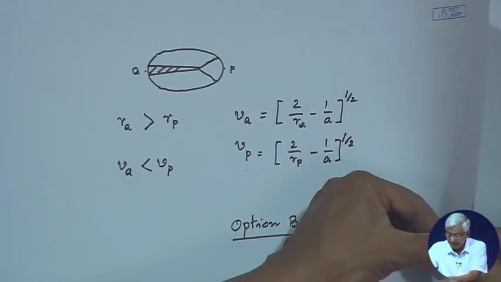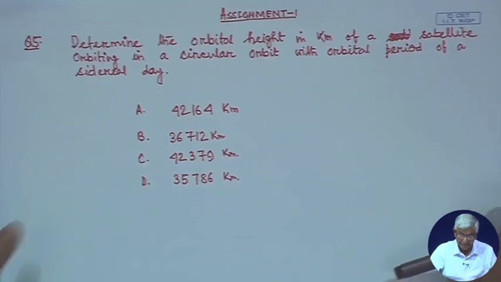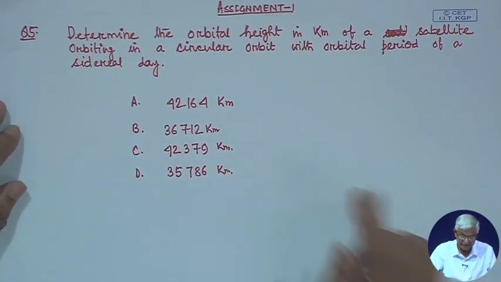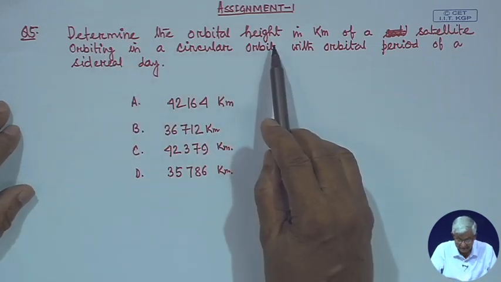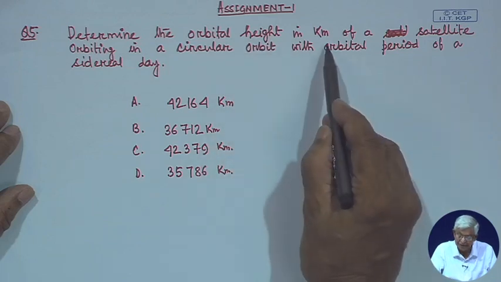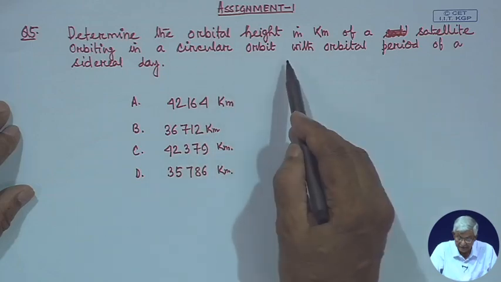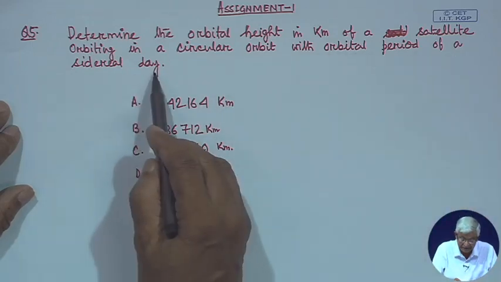Let us see the fifth problem. This was also very simple, again using a similar formula. Determine the orbital height, mark this word height, in kilometer, of a satellite orbiting in a circular orbit with an orbital period of a sidereal day.